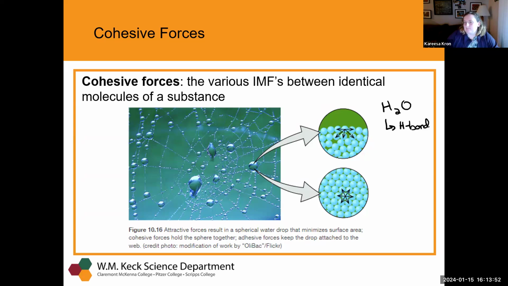We're having dipole bond interactions and dispersion interactions. And all of these will work together to hold or keep cohesive that material together.